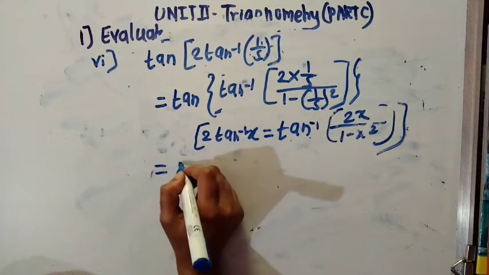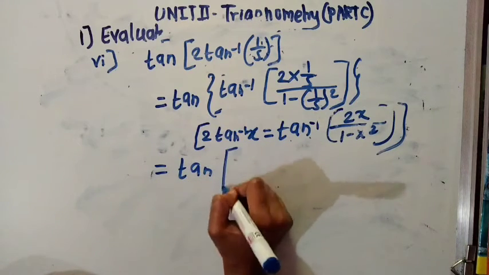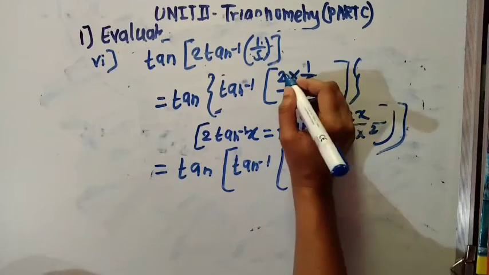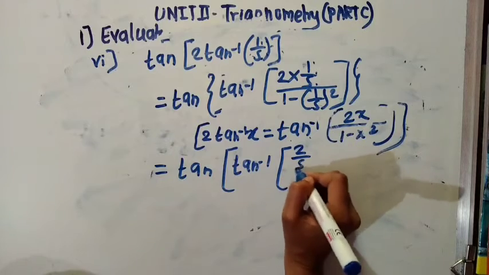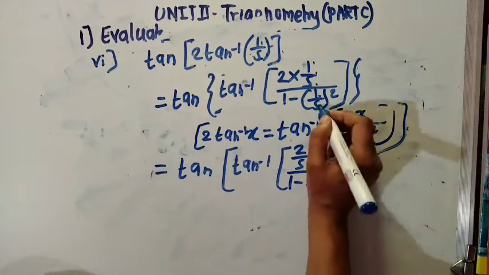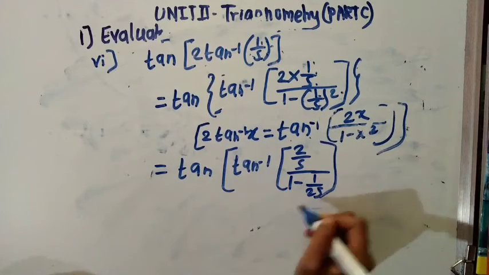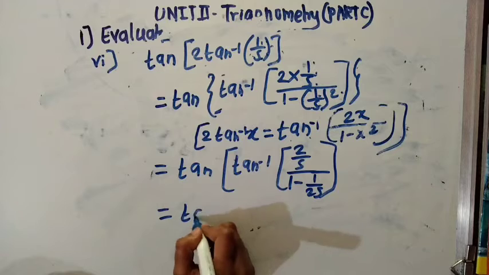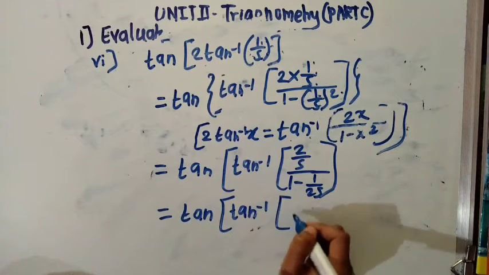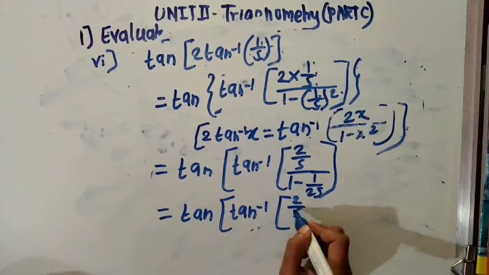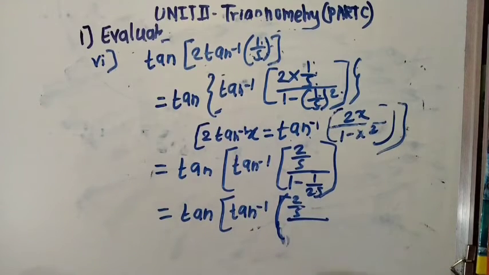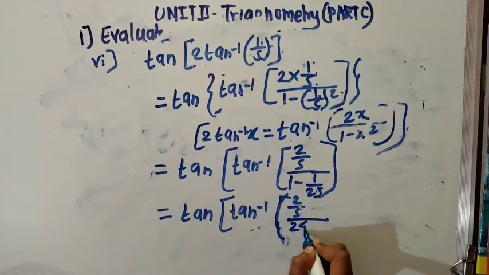Then tan of tan inverse of 2 into 1 by 5, that is 2 upon 5, upon 1 minus 1 upon 5 square, that is 25. Hence tan is equal to tan inverse of 2 upon 5 upon 25 minus 1 is 24 upon 25.